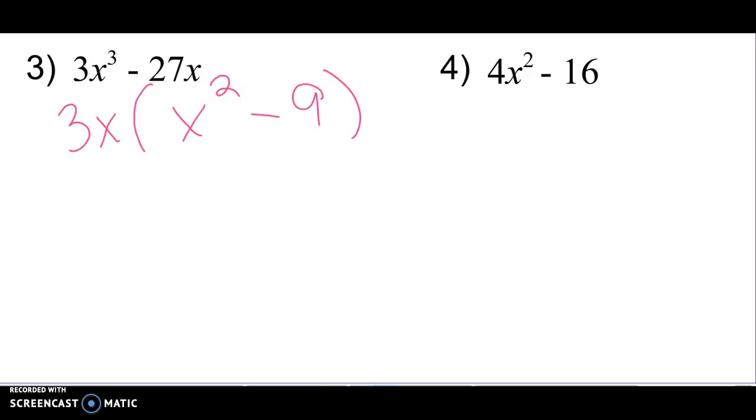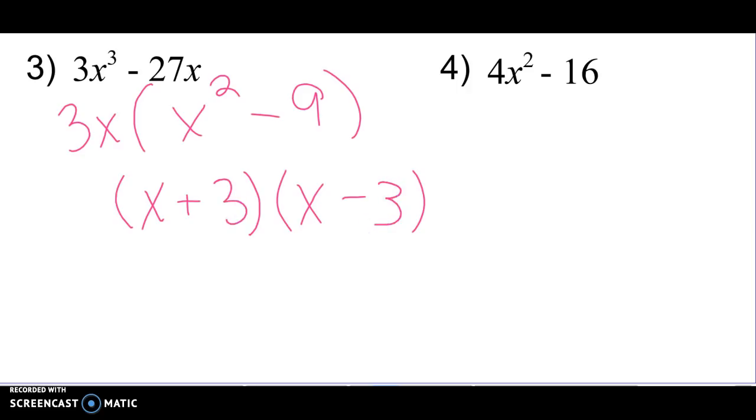That's that difference of squares again. You're going to have 1 plus and 1 minus. The square root of x squared gives us x. And the square root of 9 gives us the 3.